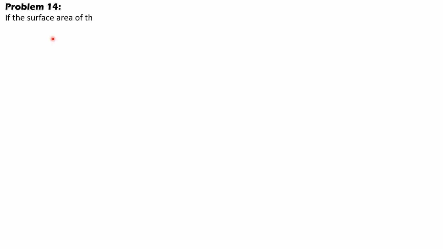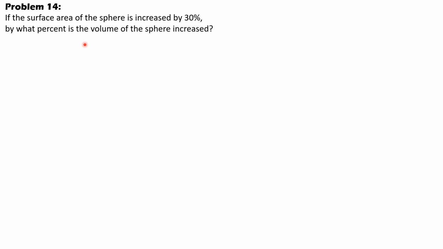Problem 14, if the surface area of a sphere is increased by 30%, by what percent is the volume of the sphere increased? So we can still apply the principle on similar solids here. The ratio of volumes should be equal to the ratio of surface areas raised to 3 halves.